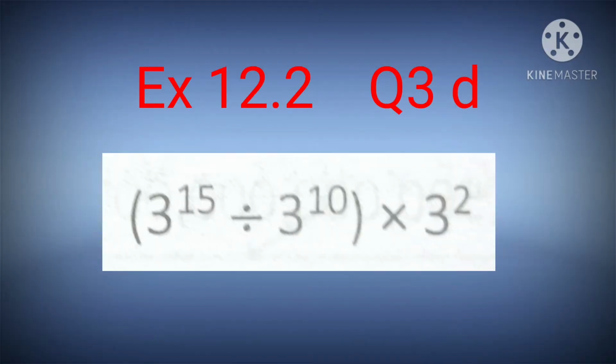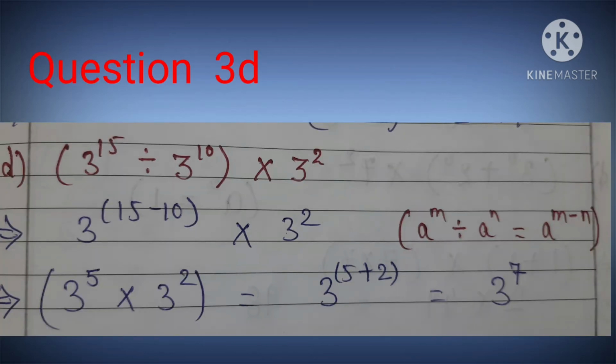Now let us check part 3D of the same exercise 12.2, in which the question is 3^15 divided by 3^10, into 3^2. Solving the bracket first, law 2 is applied, in which we have the same bases with different powers in division, so the powers get subtracted.